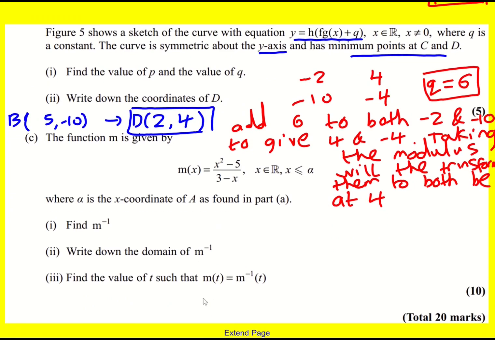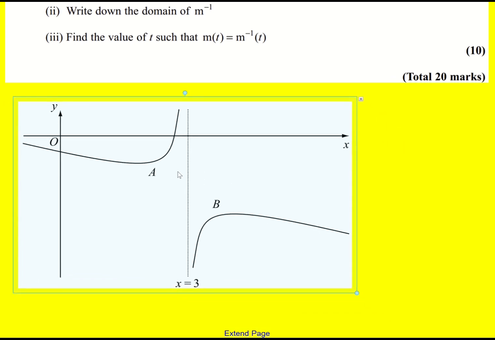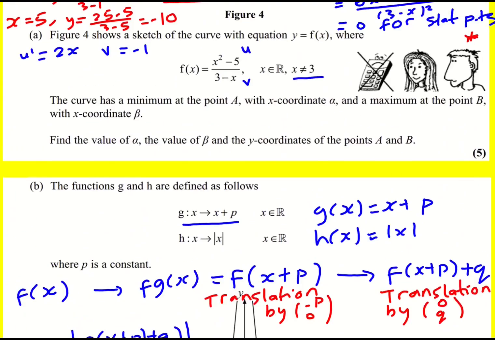Okay, we're on to the last part. We're given a function, which is the same as our original function, except now x is less than or equal to alpha. So remember, alpha was this point here, and I've actually already forgotten what it was.